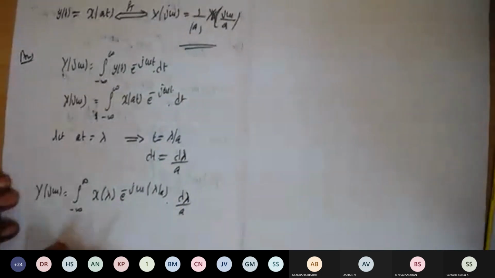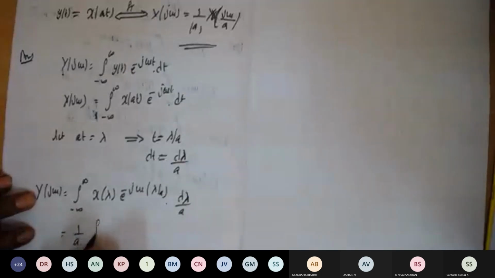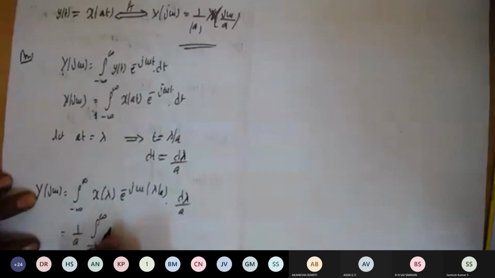Here a is a constant, so I can take it outside the integral. So it is 1 by a times the integral from minus infinity to plus infinity of x of lambda into e to the power of minus j omega lambda divided by a.